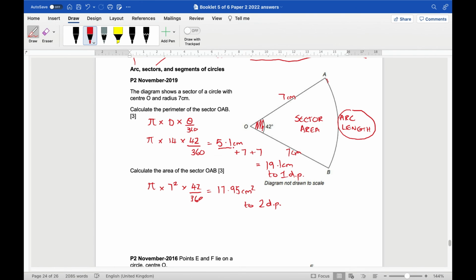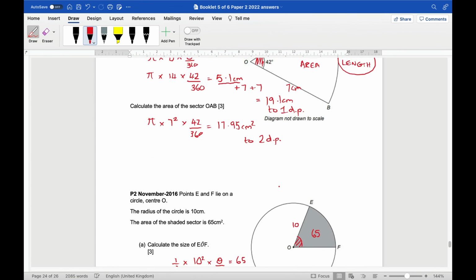The answer to that was 5.1, which is this bit, 5.1. But the full perimeter then, I'd have to add on both 7s to get the full perimeter. The area of the sector is pi r squared, pi times 7 squared, times the fraction I want, which is 42 over 360, and I get 17.95, and I've chosen to give that to 2 decimal places instead of 1, but I've actually said here what I've rounded to, which is always a nice thing to do.